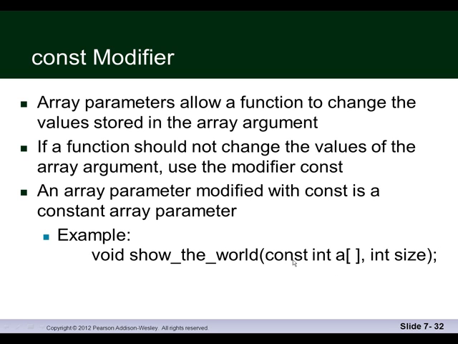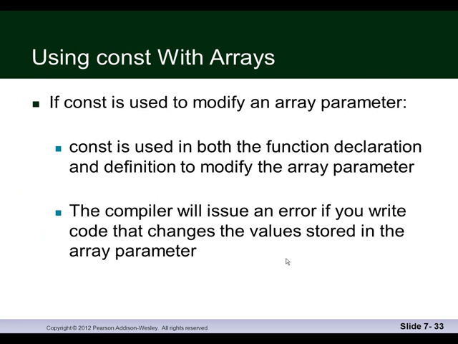So the const is going to force it not to be changeable inside this function. If I have an array, I want to protect it, I don't want to change it inside the function, I put the word const in front of it. We have to use it in the declaration and we have to use it in the definition.